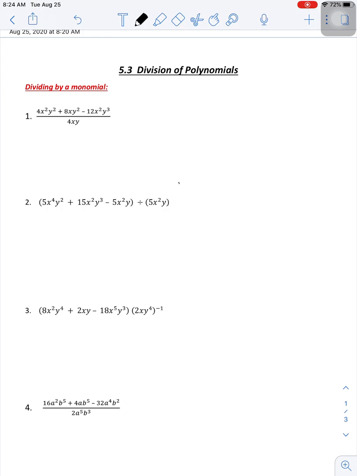In the first one, we have 4x squared y squared plus 8xy squared minus 12x squared y cubed being divided by 4xy. What you're allowed to do in this case is take each term and break it up, dividing each by the 4xy.